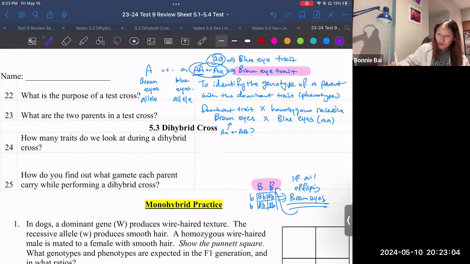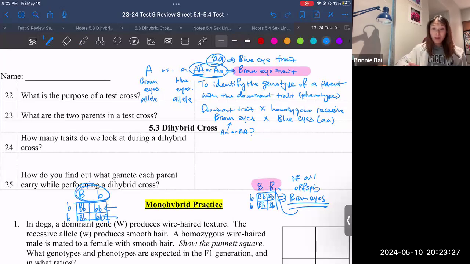However, if I were to do a cross, and then I find out some of the children have brown eyes, some of the children have blue eyes, let's see what happens. So this is a hypothetical Punnett square. In this type of cross, if the parent was this, what would happen in the child?